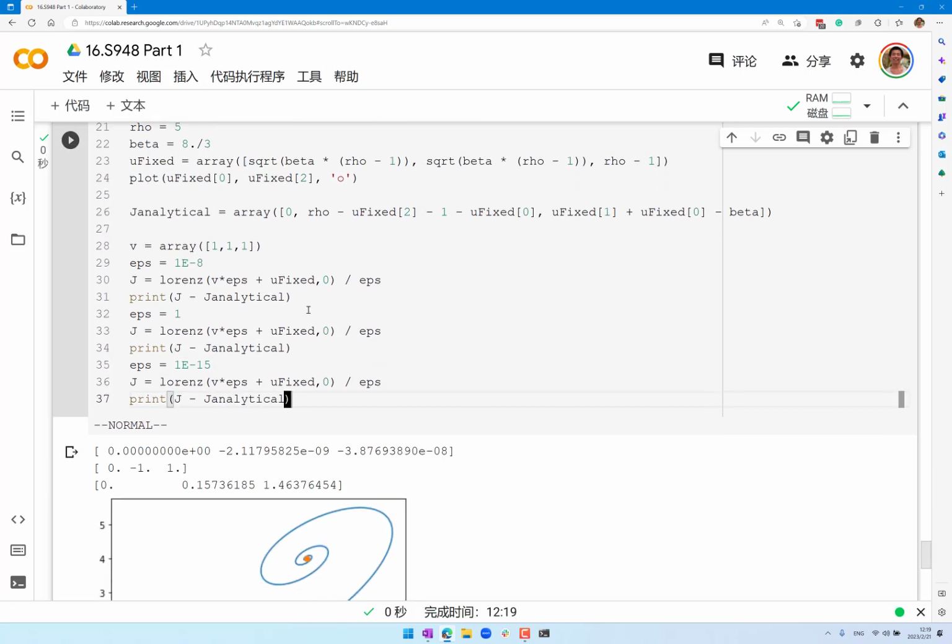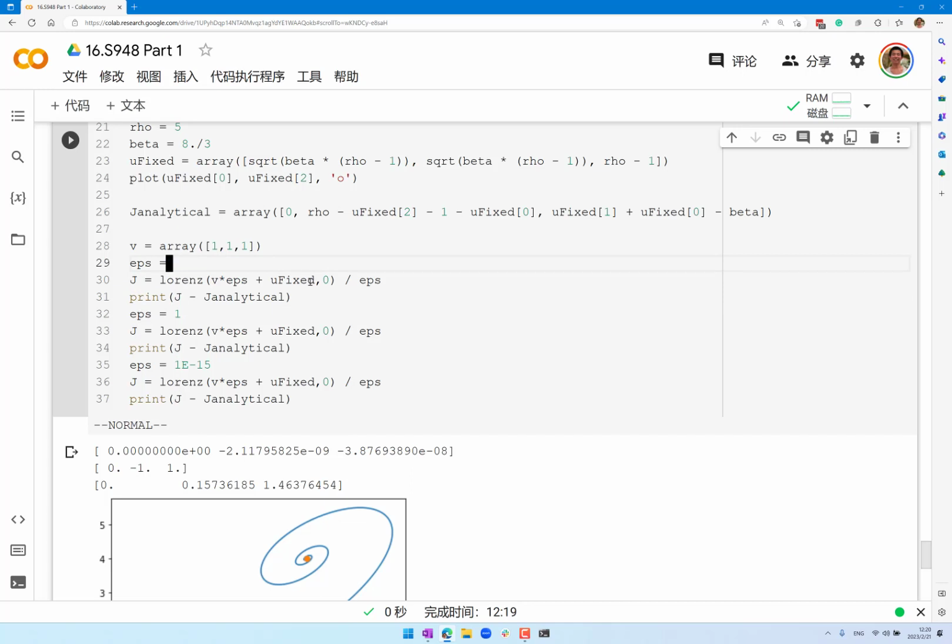Okay, so as we can see, when we take a 10 to the minus 8 perturbation, we get an error on the order of 10 to the minus 8, right? And when we are taking an order 1 perturbation, we get an error that's order 1. And when we are taking too small a perturbation, we get an error that's again order 1. So let's actually not just print out these few numbers, but take a series of epsilons.